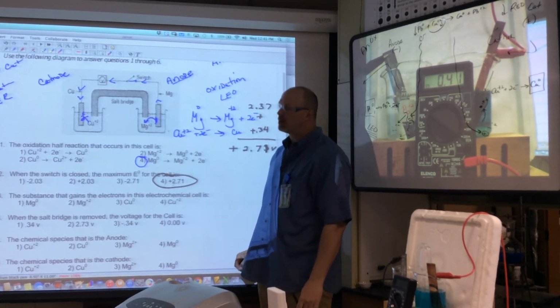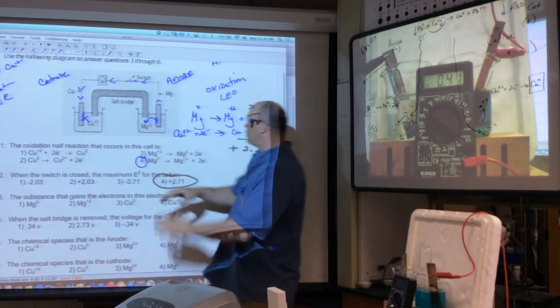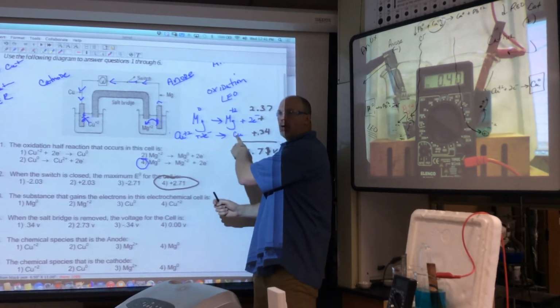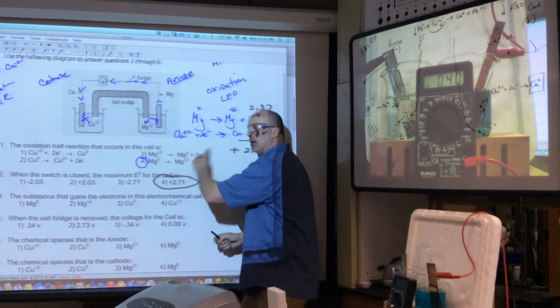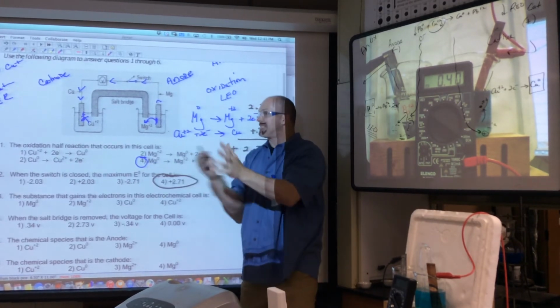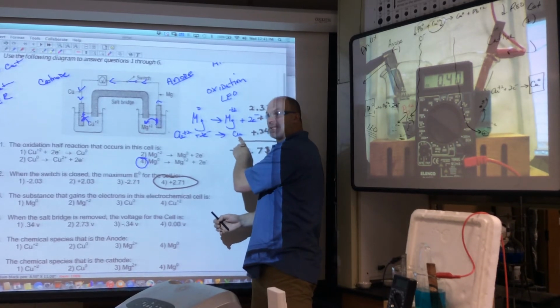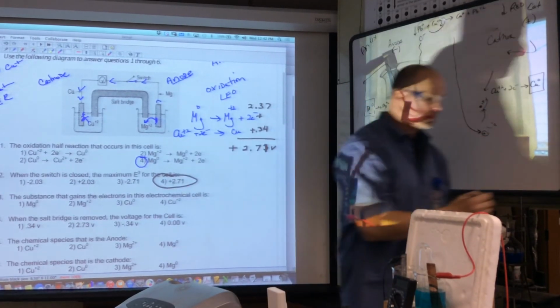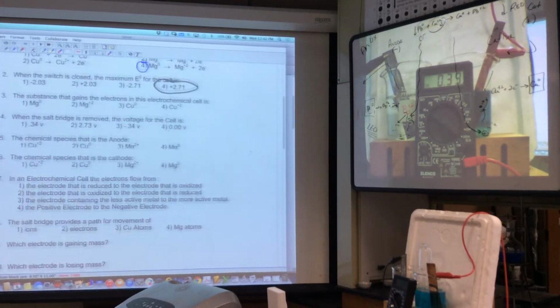Cu plus 2 is the one who specifically gains electrons. If you said Cu, I'm going nuts. You don't pick copper. Copper does not get reduced here. Copper plus 2, so good job for those that saw that.